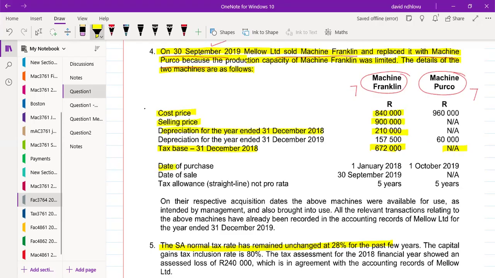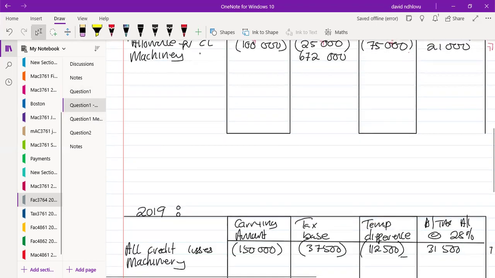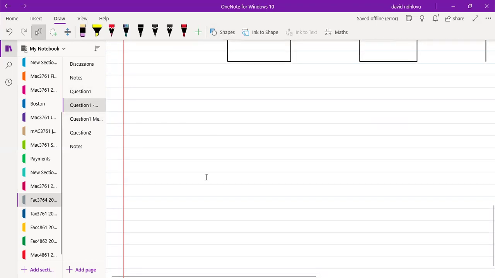The purchase date was 1 January of the year 2018. So the depreciation for the year 2018 represents the accumulated depreciation of this asset, because this asset was bought in 2018, and therefore the depreciation for that year is actually its accumulated depreciation. So we want to calculate here.